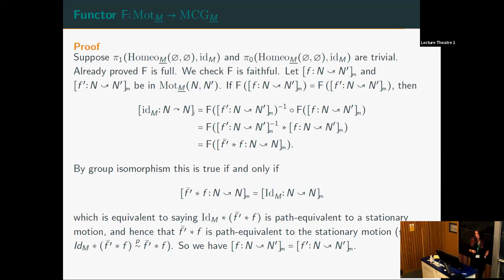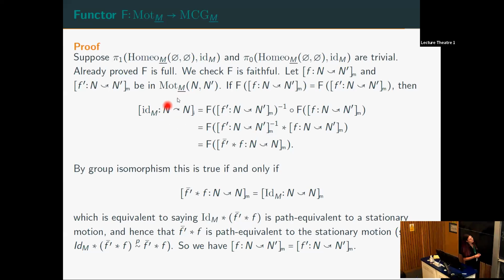So what does the proof of this look like? So we already said that it's full, so we just have to check that it's faithful. So we want to look at what happens if we take an f and f prime in the motion groupoid such that their images in the mapping class groupoid are the same. So what does that mean?